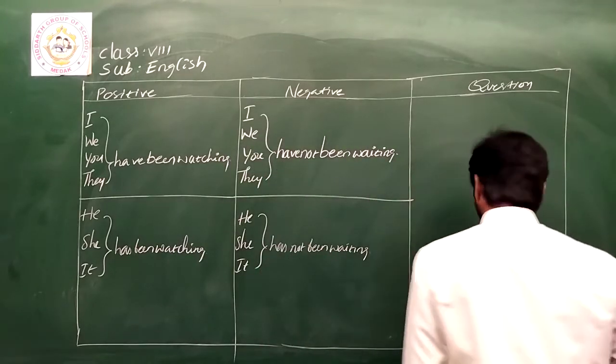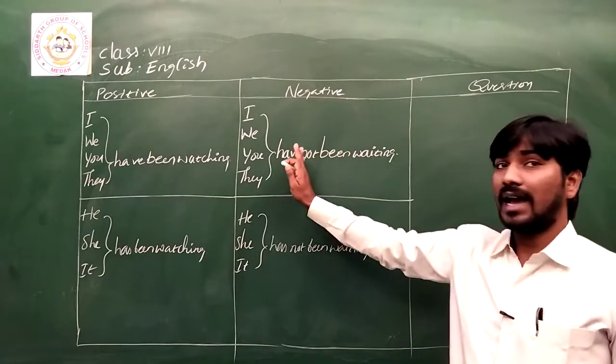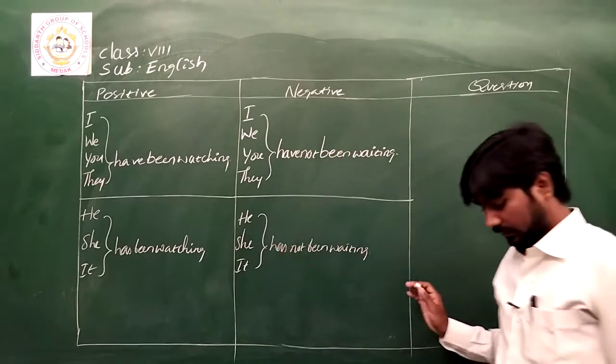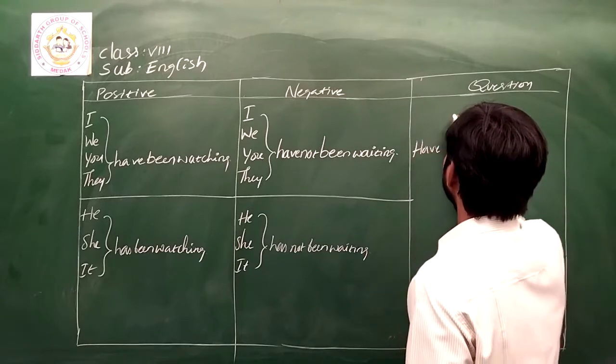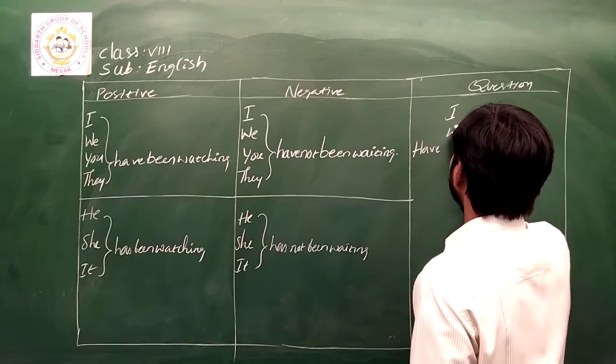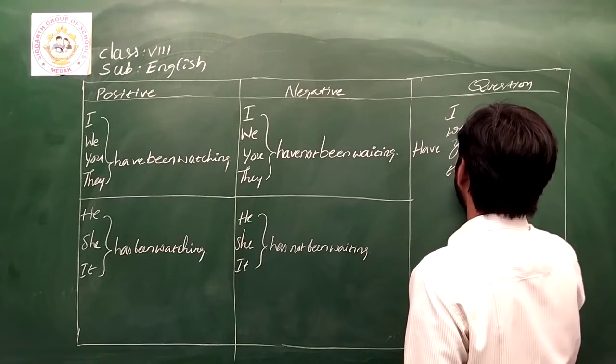We know question form means what? Question form means the auxiliary verb will come first. What is the auxiliary verb here? Have or has. So have: I, we, you, and they.